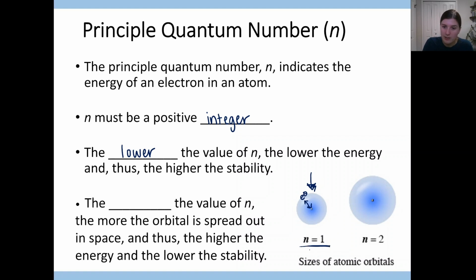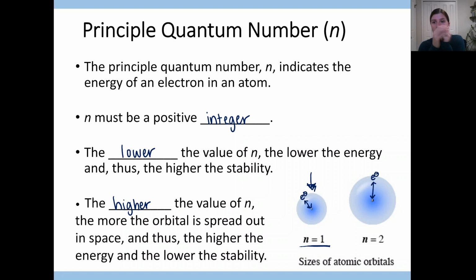A lower n value means the orbital is smaller. If we look at where n equals 2, the electron is further away from the nucleus. A higher principal quantum number means higher energy and further away from the nucleus. So the higher the value of n, the more the orbital is spread out in space, and the higher the energy of the electron and the lower the stability.